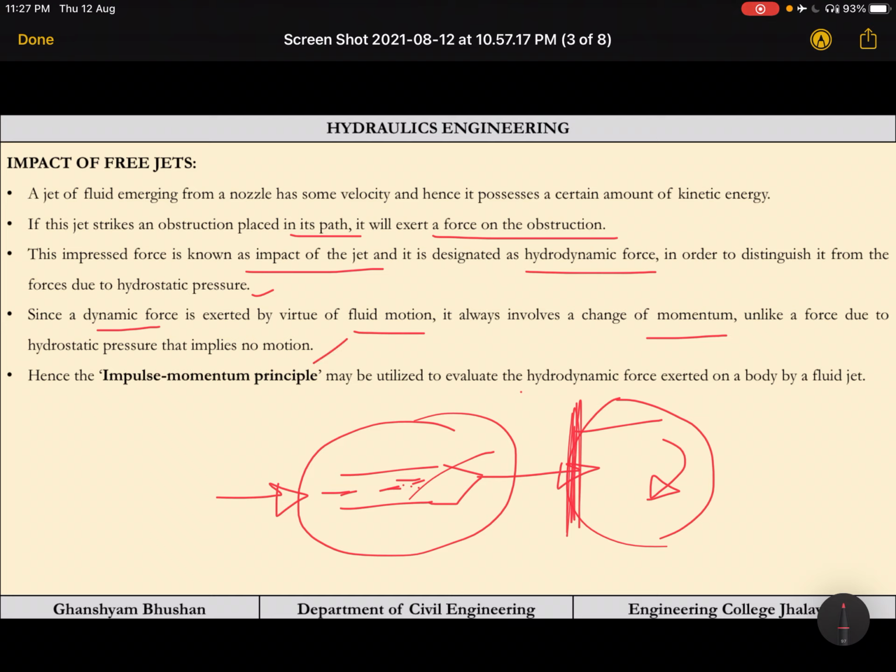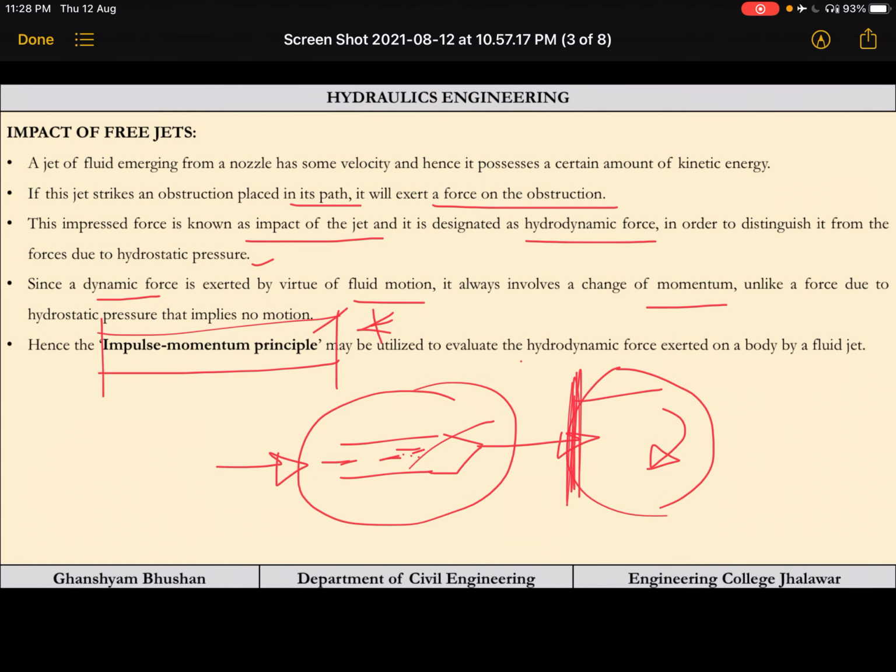Here, the motion of the fluid is generating the force. Hence, the impulse momentum principle may be utilized to evaluate the hydrodynamic force exerted on a body by a fluid jet. We will be using this principle in this whole chapter. We will be conserving the momentum, and we will get the value of the impact impulse generated due to the collision.